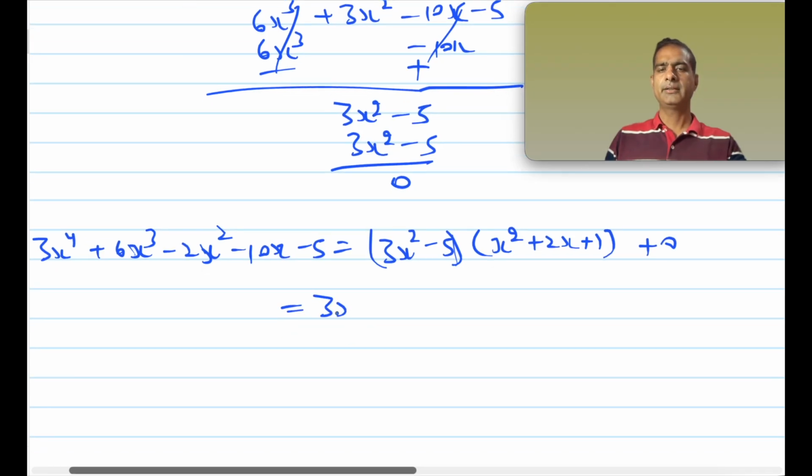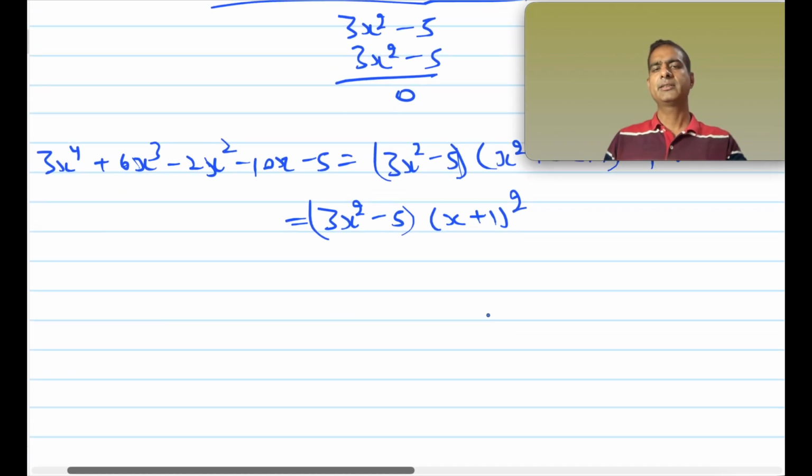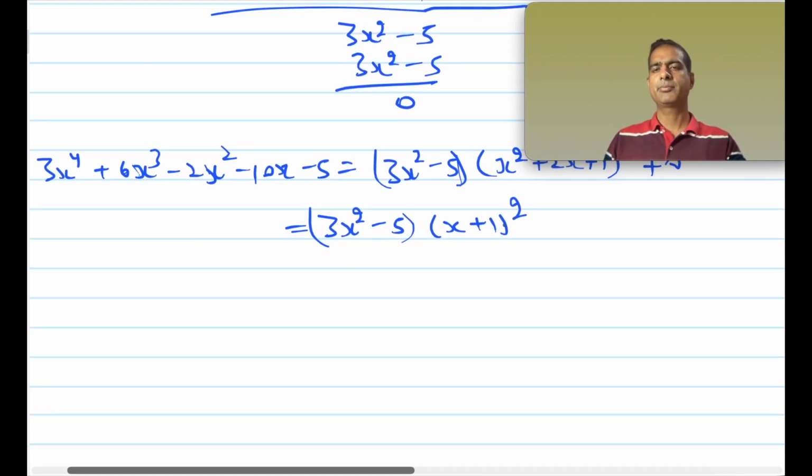So we can write 3x square minus 5 times, and we can see this is the square of x plus 1, because when we square it, it will be x square plus 2x plus 1. So 3x square minus 5 times x plus 1 whole square is equal to our dividend.